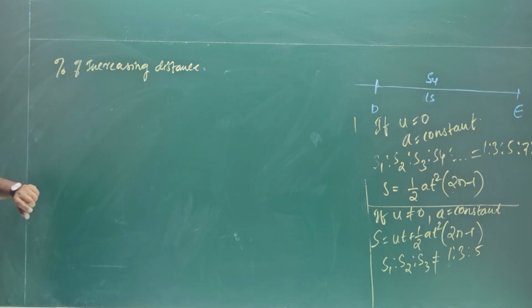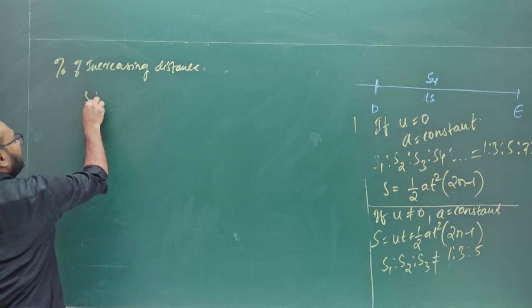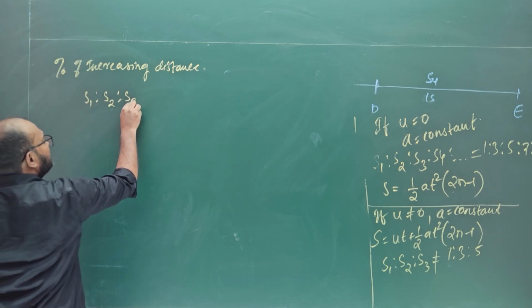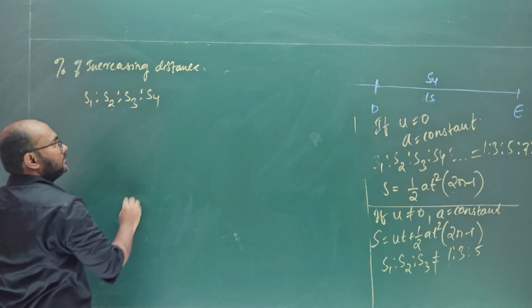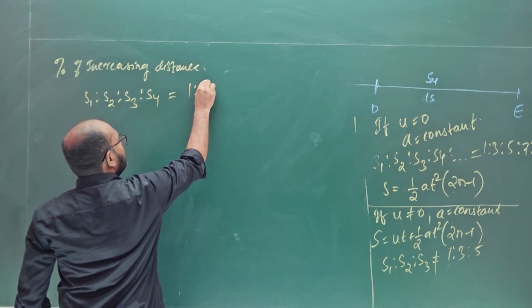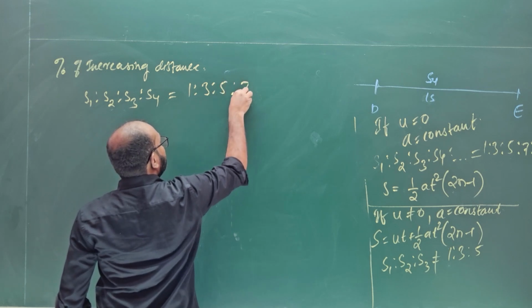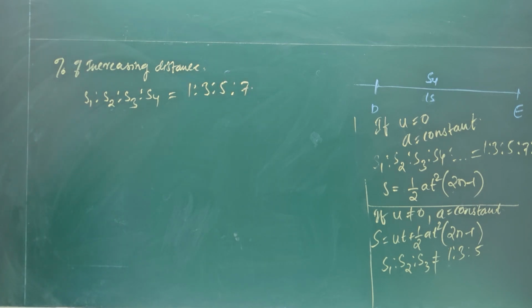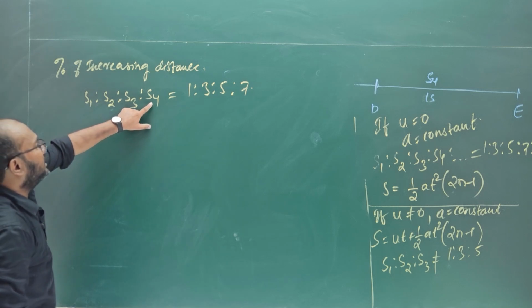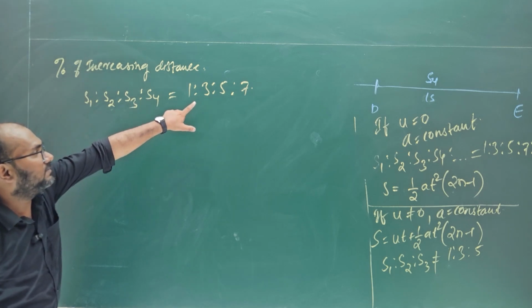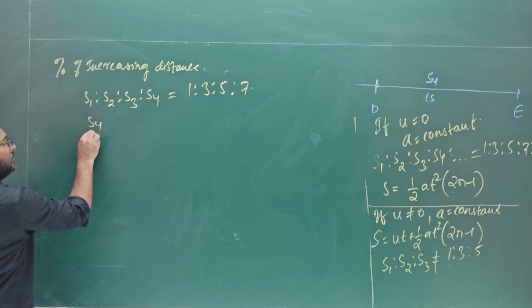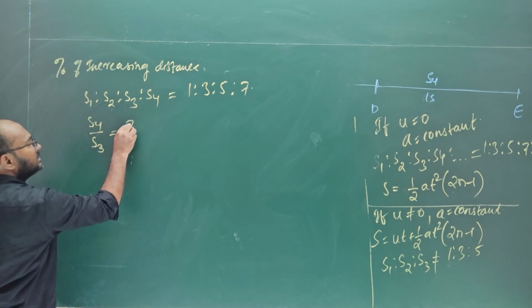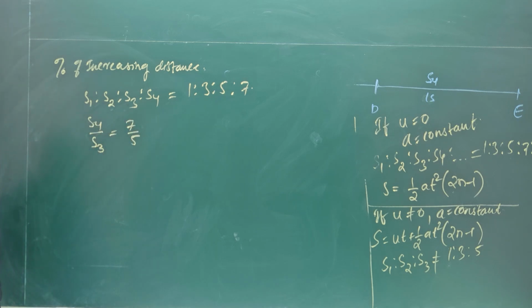Now, S1 is to S2 is to S3 is to S4 can be written as 1 is to 3 is to 5 is to 7. Can I write S4 by S3 is nothing but 7 by 5. S4 upon S3 is nothing but 7 upon 5.